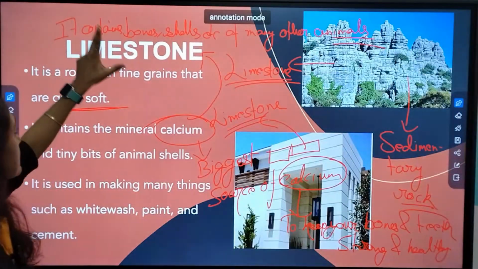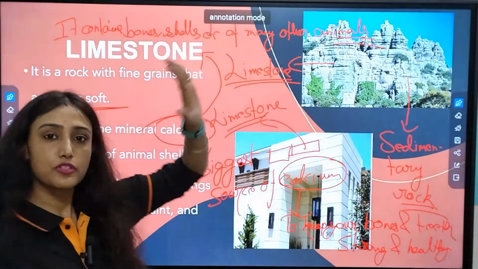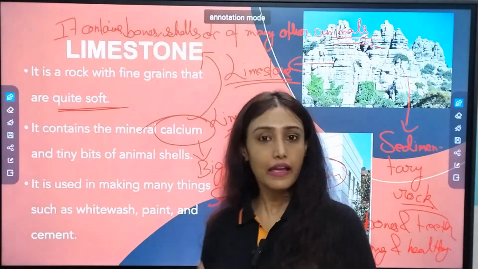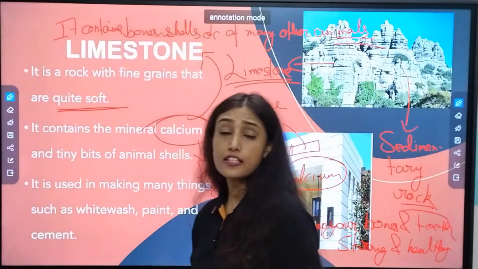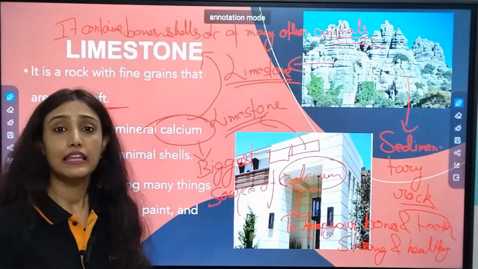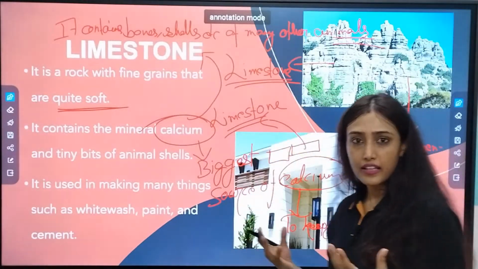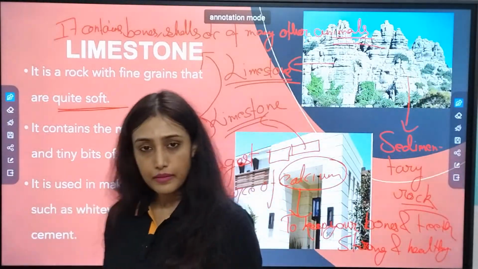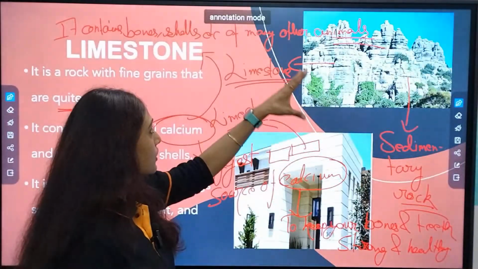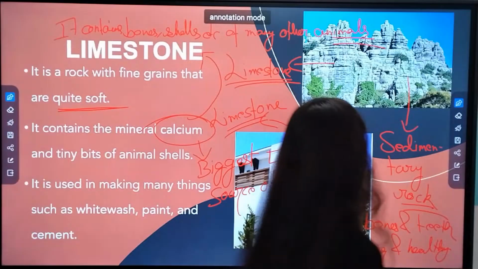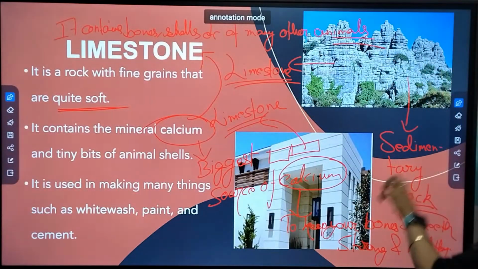That is the reason that while limestone was formed as sedimentary rock, the bones of many animals, the shells of many animals like snail, turtle, lobster, and other animals got deposited here. Okay, and with time, under pressure, they were converted into rock.